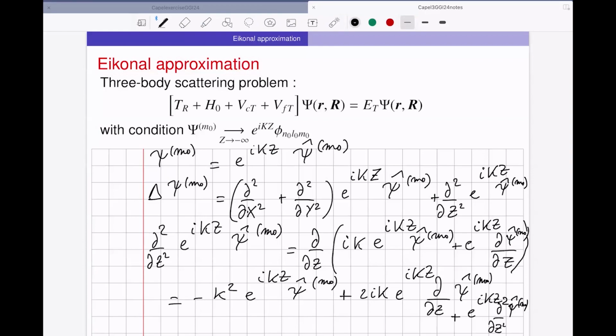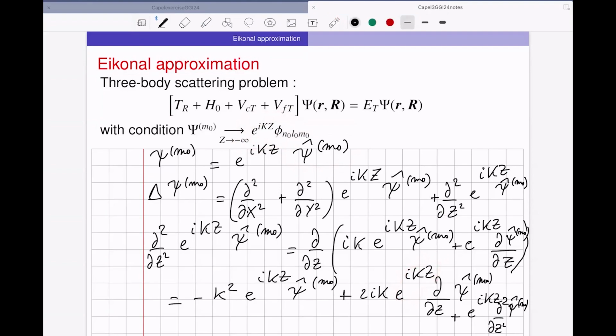Now, the whole idea is that most of the dependence on Z will be contained in that plane wave. So what you will assume is that psi hat will be smoothly varying with the Z, with capital R. Most of the dependence will be in the plane wave.